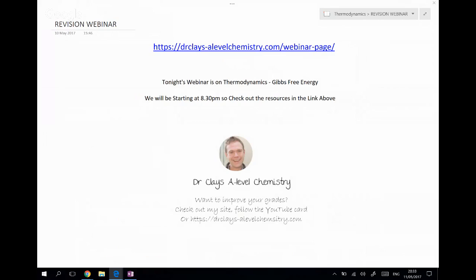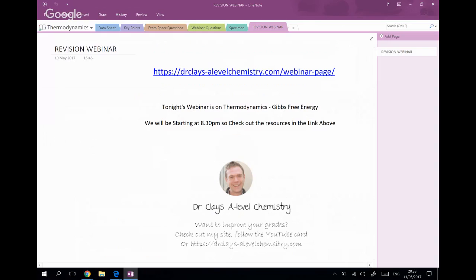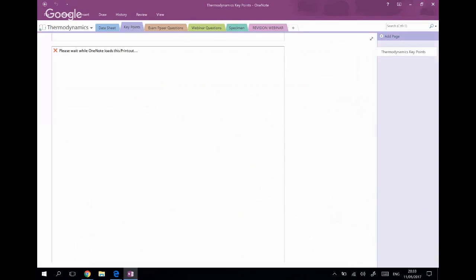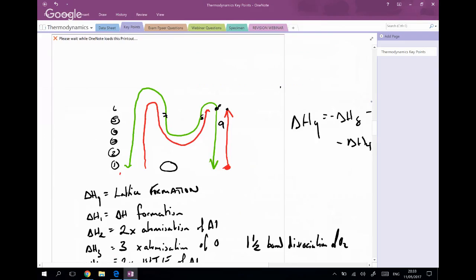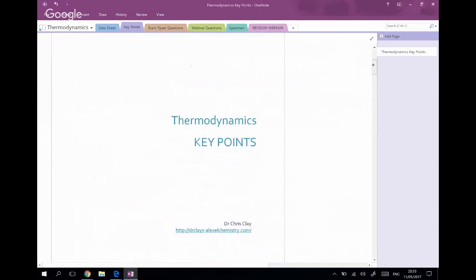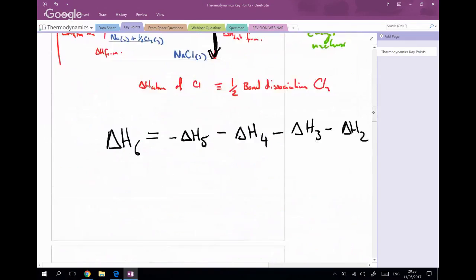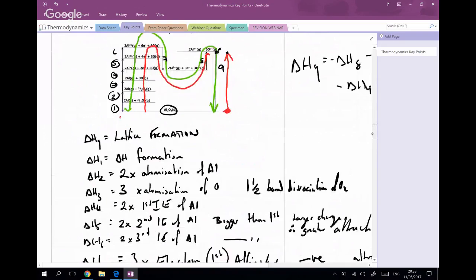Right, so let's have a look. 9502, I'll show you what we did on thermodynamics, because I'll pull us through to where we got up to. We're in the general section of thermodynamics. On Monday we looked at Born-Haber cycles, and we did all of the key points, so we have indeed done thermodynamics in the sense of Born-Haber cycles.